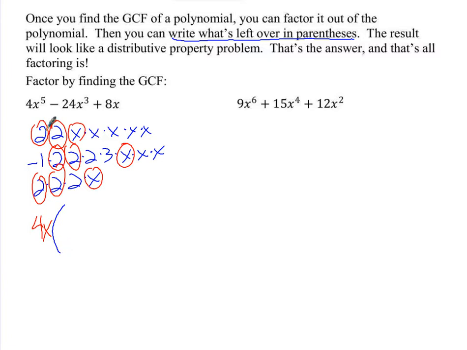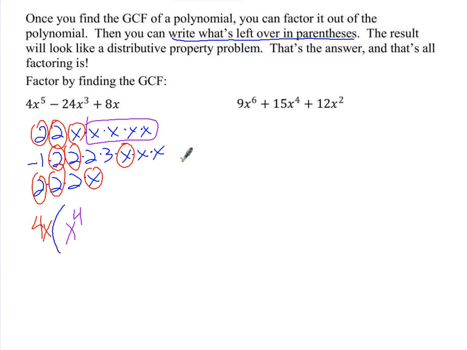So you can think of it like this. If I factor a 4x out of 4x to the 5th, what am I left with? Well, if you look up here, what was left over after I factored out the 4x that I circled? X to the 4th. These 4 guys right here make x to the 4th. That's what's left over from that first term.